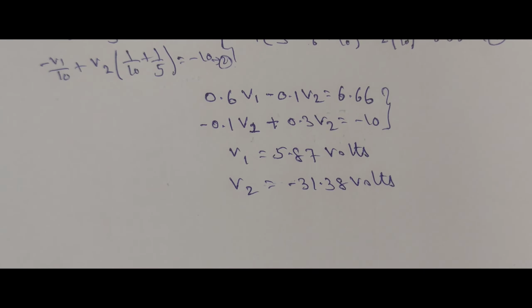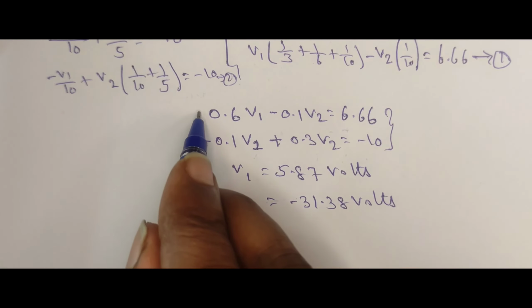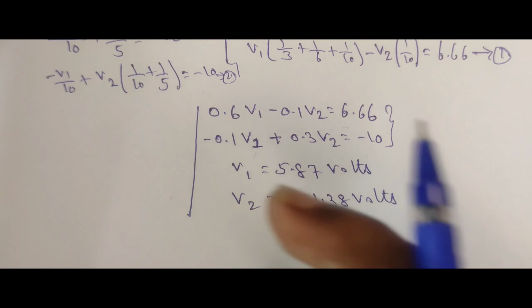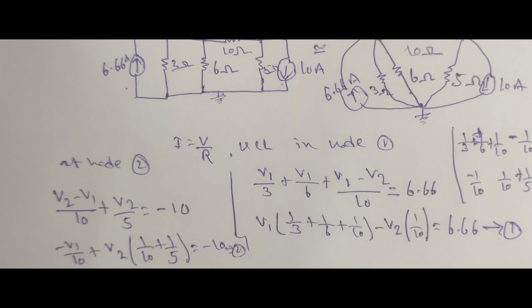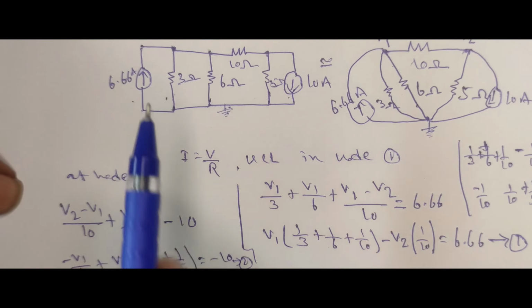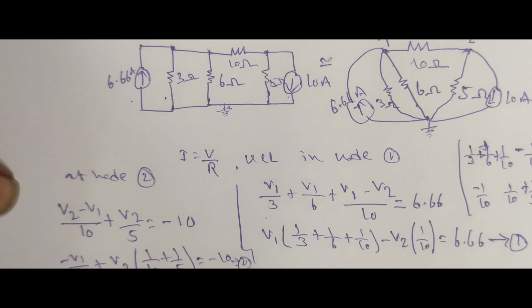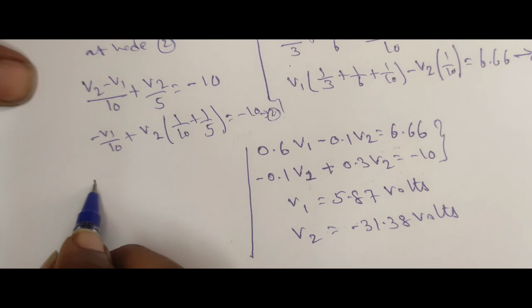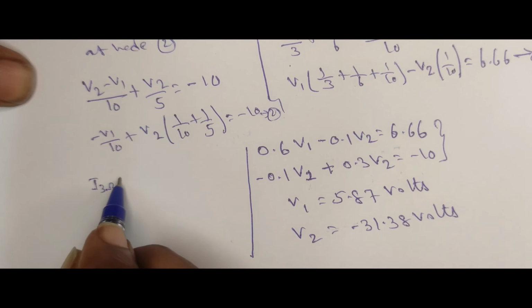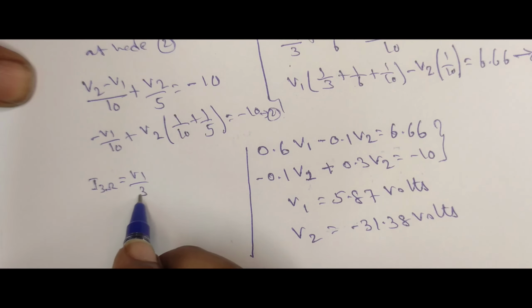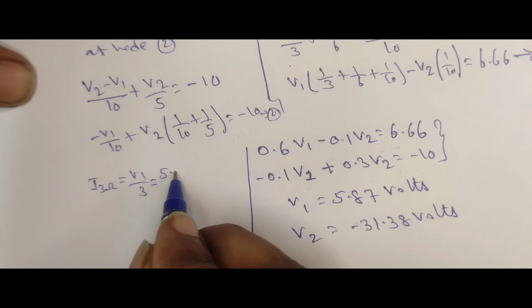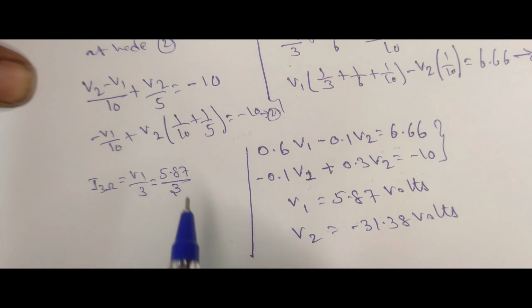Now we are going to verify the current present in each individual resistance. Here we have 4 resistances. For these 4 resistances, how do we determine the current flow? Again, I am going to draw it here. The current across the 3 ohm resistance, I3 ohm, is equal to V1 by 3, and since my V1 value is 5.87, it is 5.87 by 3.